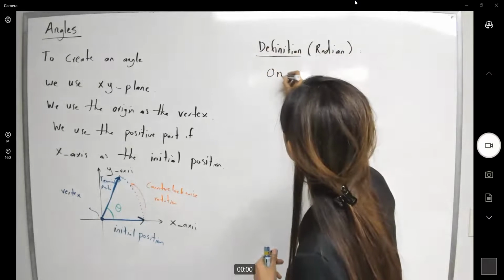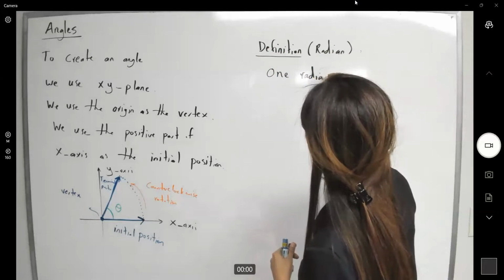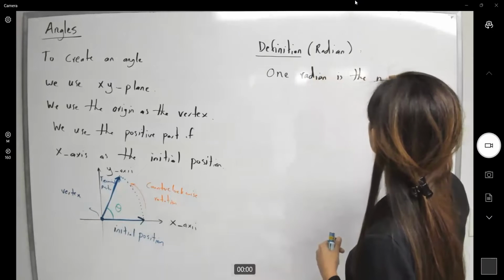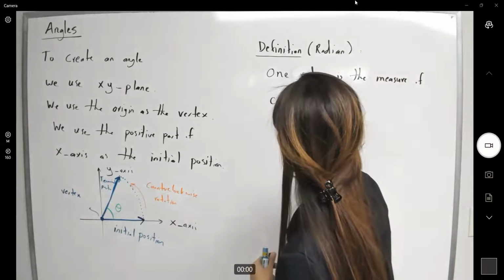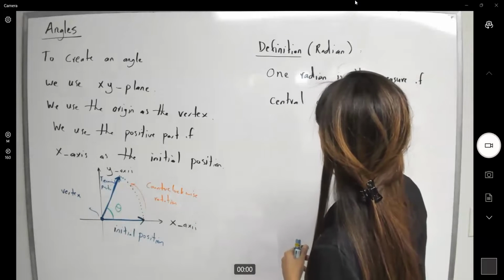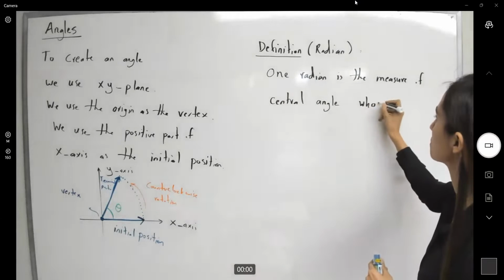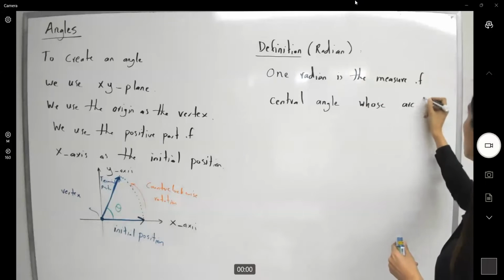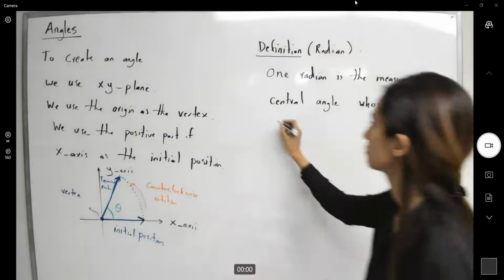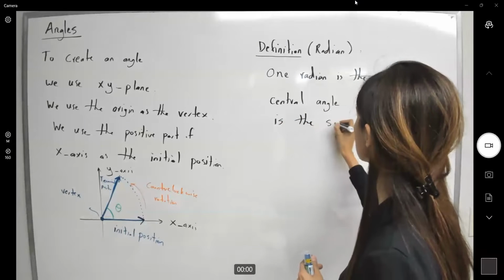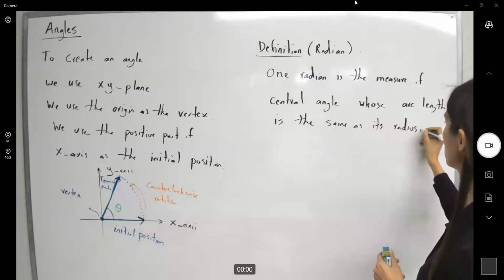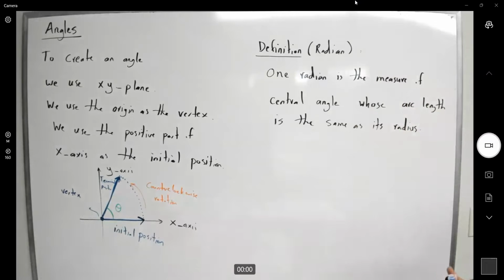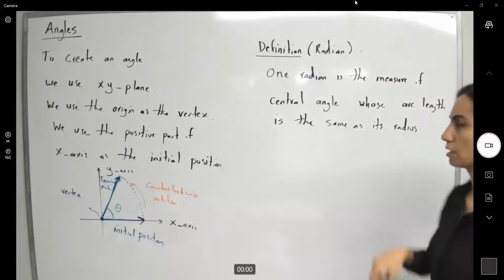So 1 radian is the measure of some central angle whose arc length is the same as its radius. What? 1 radian is the measure of a central angle whose arc length is the same as its radius.